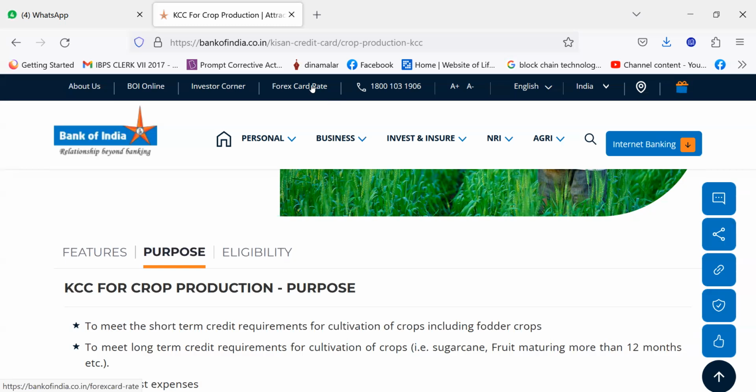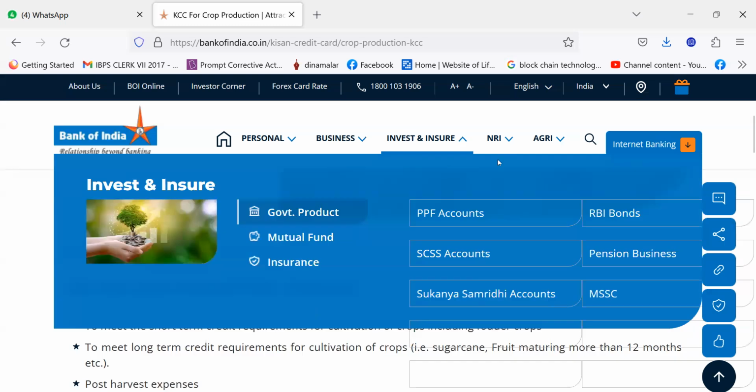Because suddenly if they ask whether it is given only for crop or also for animals, you must say for animals, and you should tell the details about that also.